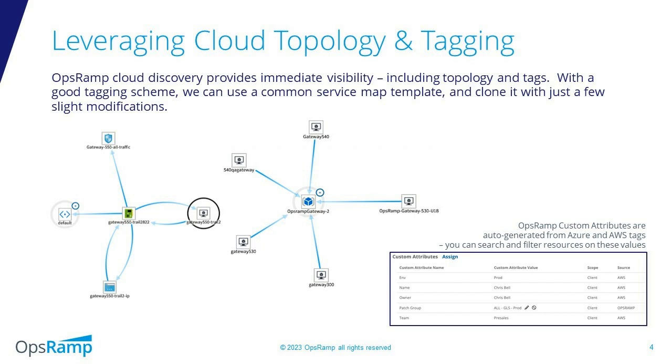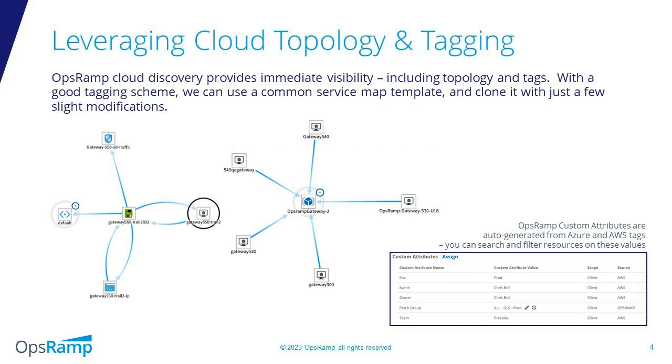So the next piece is that as we bring those assets into our inventory and into our topology in OpsRamp, we are leveraging a very important element that pretty much all cloud providers give you, which is the ability to tag your cloud objects, right? So when we do the discovery, we're providing that immediate visibility of the inventory.